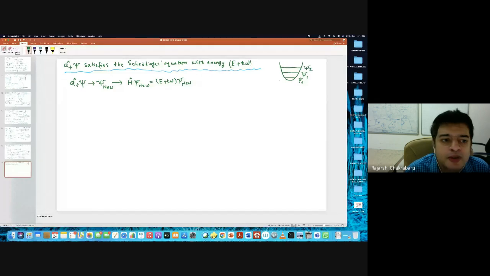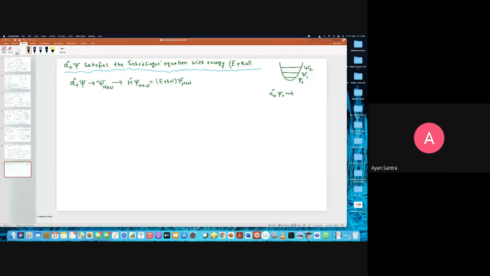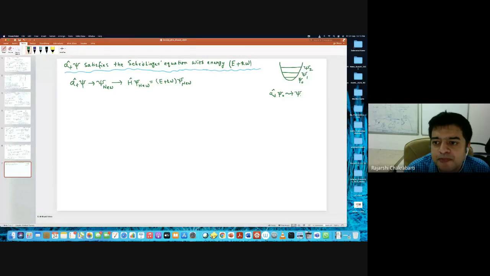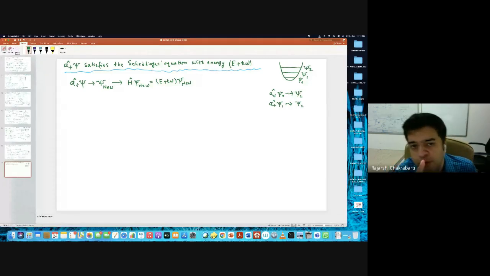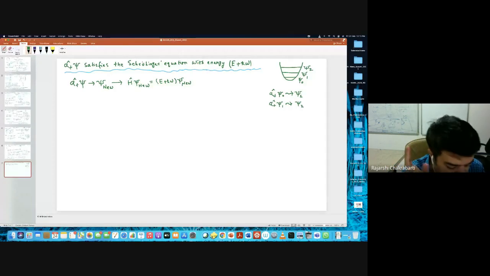So if A plus operates on psi 0, it will give you psi 1. Similarly, if A plus operates on psi 1, it will give you psi 2. This is the statement I am making, but I have to show it mathematically. Okay?